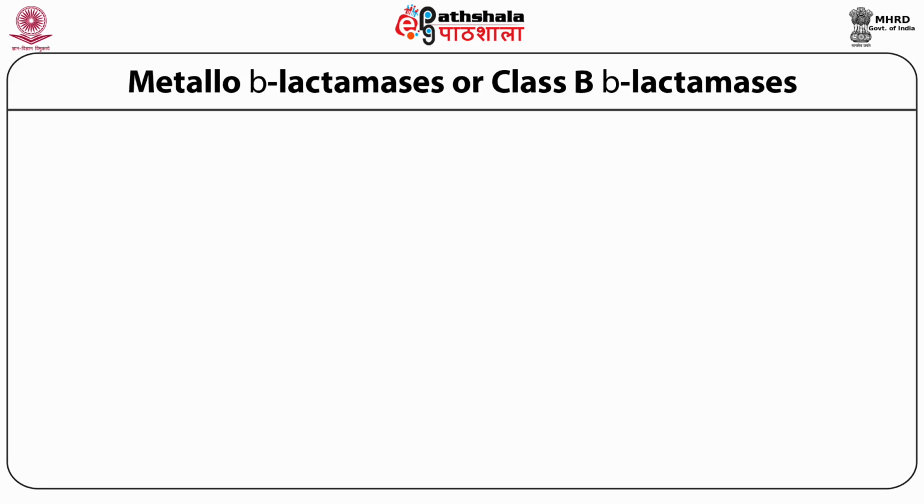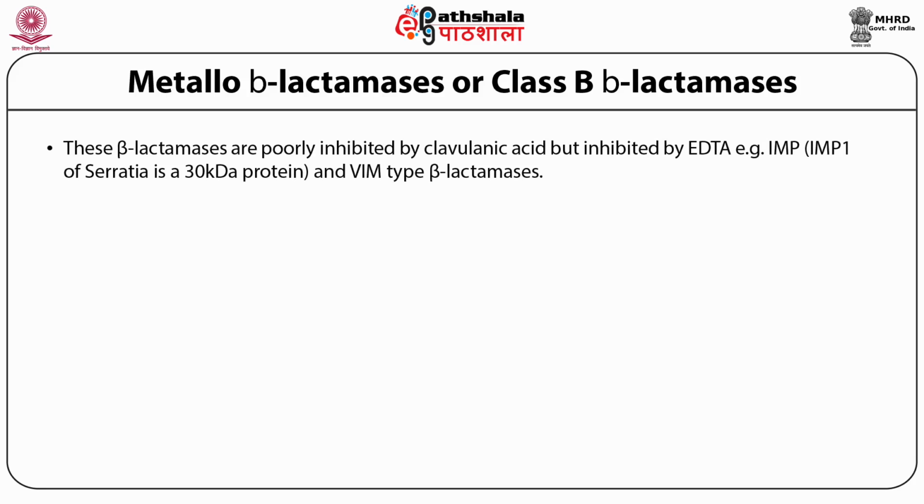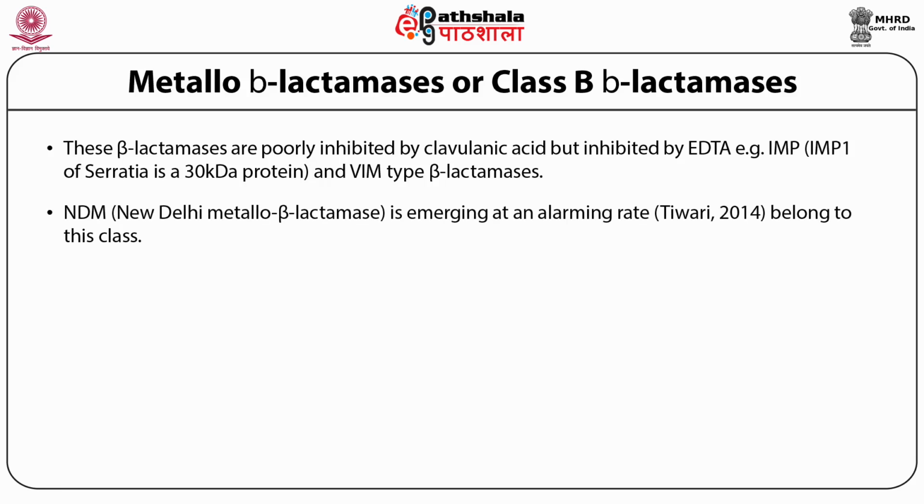The other class of beta-lactamases are metallo-beta-lactamases or class B beta-lactamases. These beta-lactamases are poorly inhibited by clavulanic acid but inhibited by EDTA. And these beta-lactamases include IMP and VIM. NDM beta-lactamase, that is New Delhi metallo-beta-lactamase, is emerging at an alarming rate and belongs to this group of beta-lactamases.